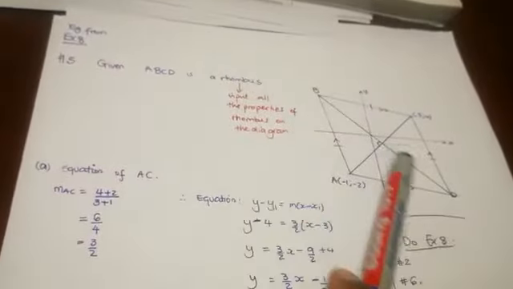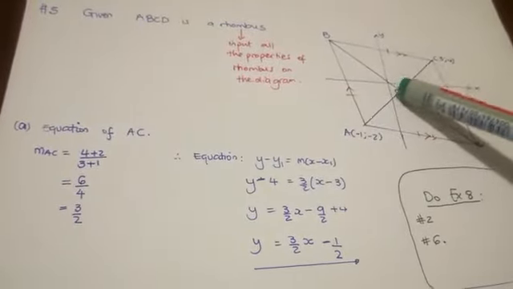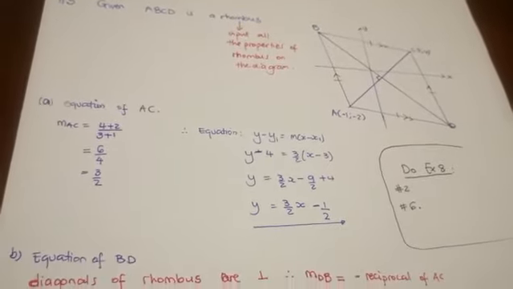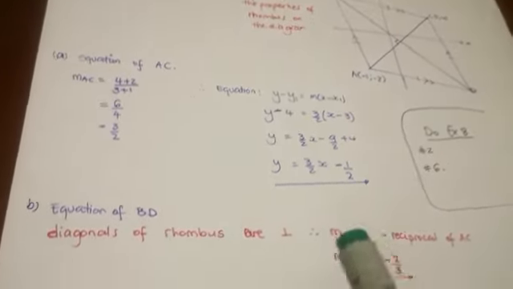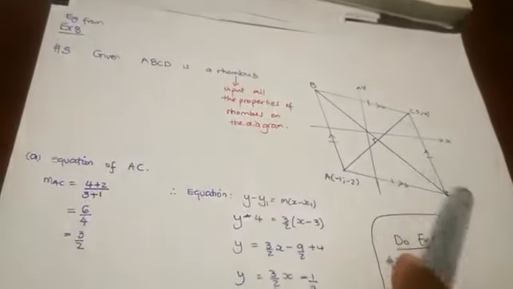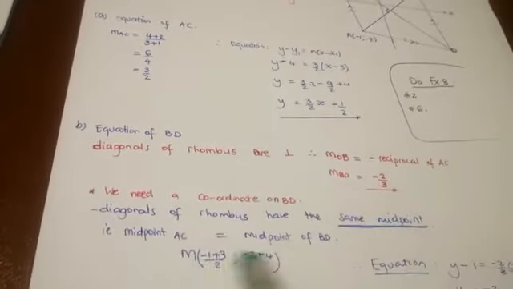Okay, equation of BD. Now BD is like this. So now you see, if I didn't put this 90 degrees, then I would tend to forget that they are perpendicular to each other. And then as you can see, BD, there are no coordinates there and there, so we can't find the gradient by calculation.